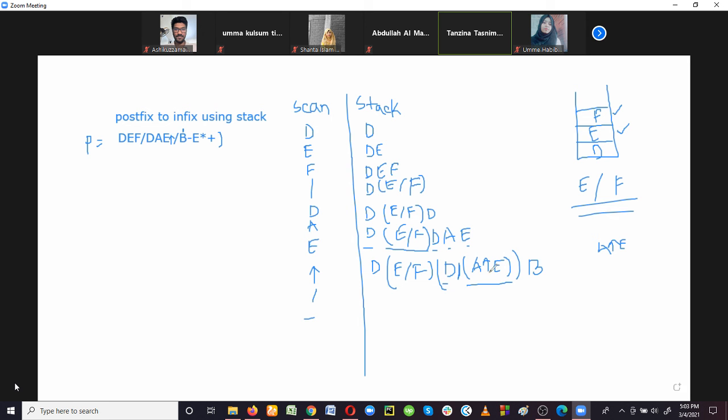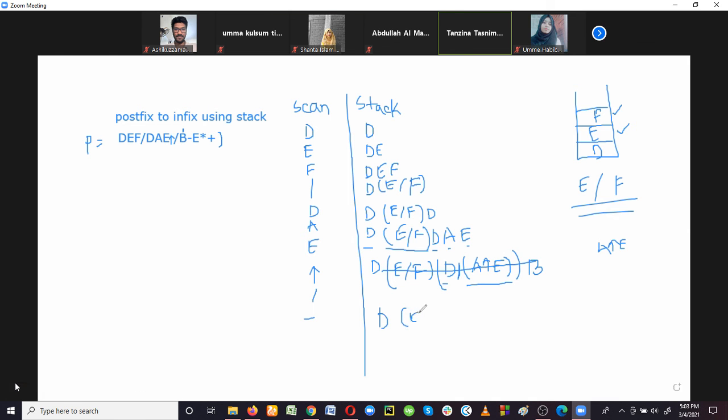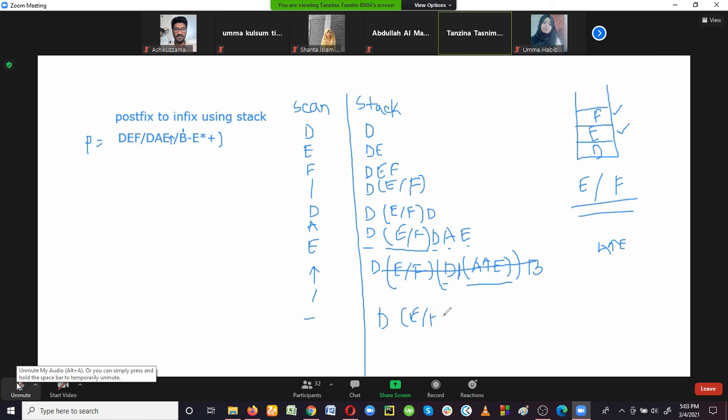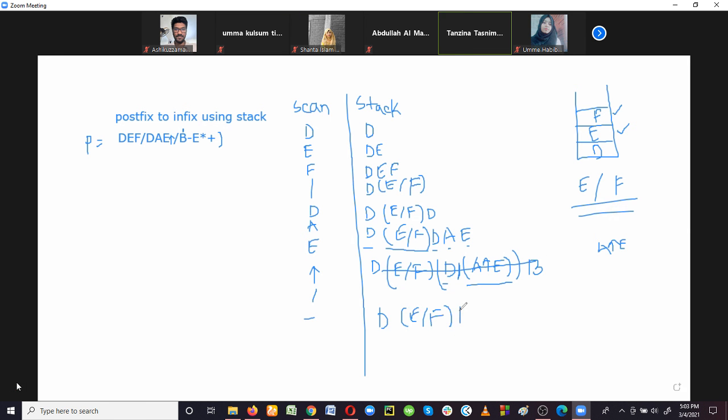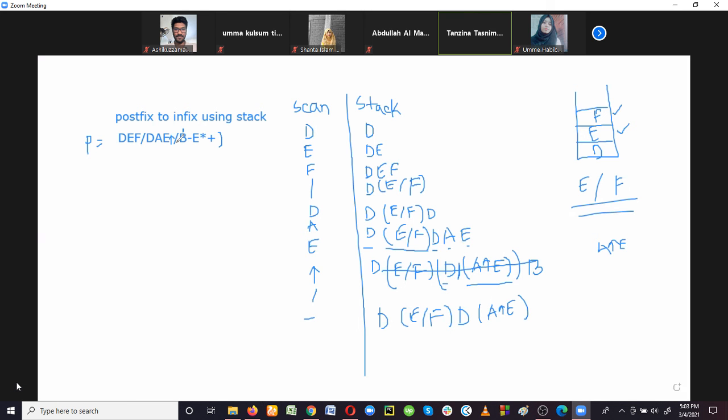That means A exponentiation E. Okay, so we got D, then E division F, then D, A exponentiation E. Okay, then we got the division operator. So where we can place it?